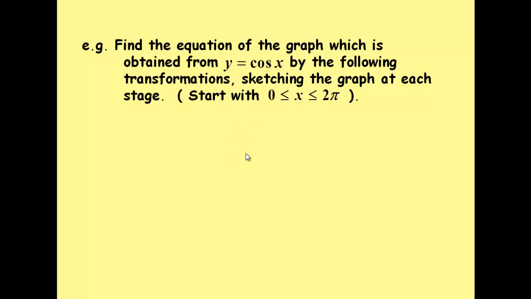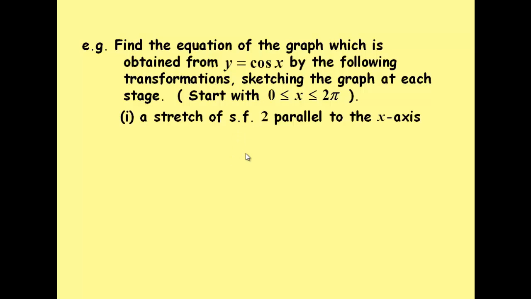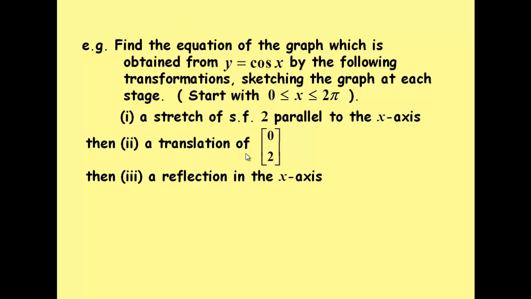If we start with the cos graph, we'll look at a stretch with a scale factor of 2 parallel to the x-axis, a translation of 0, 2, in other words a translation of plus 2 in y, and a reflection in the x-axis. We'll take it a step at a time.